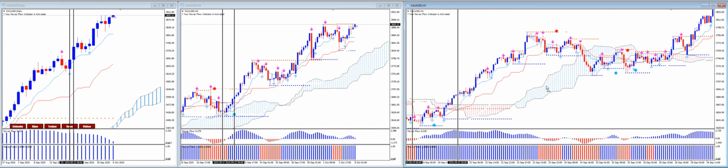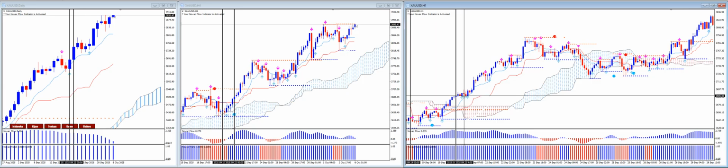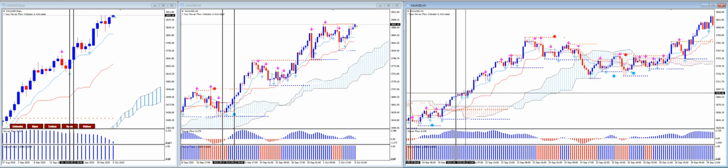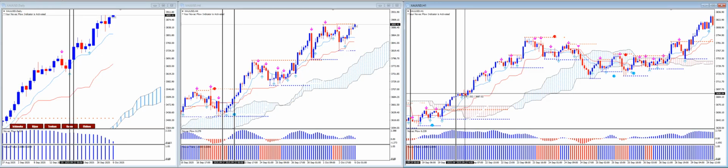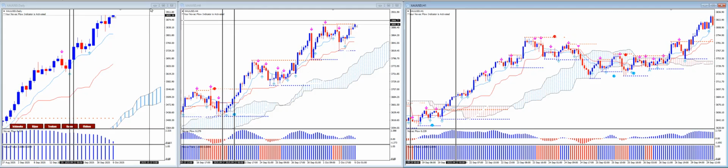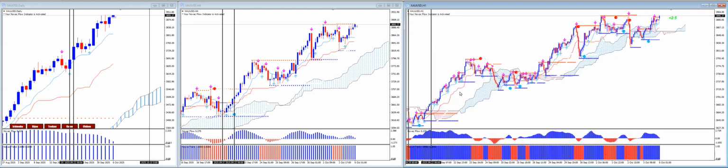For those who do not have the time, when you see the arrow you can just enter, or you wait. Let's say after you see the arrow, your stop loss is about 100 pips and it went up to 1000 pips and beyond. So this is how we capture the move.